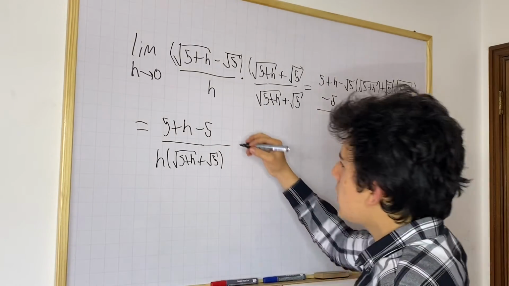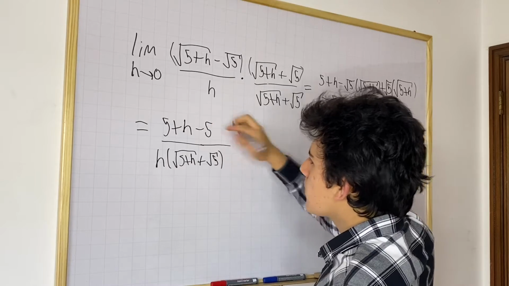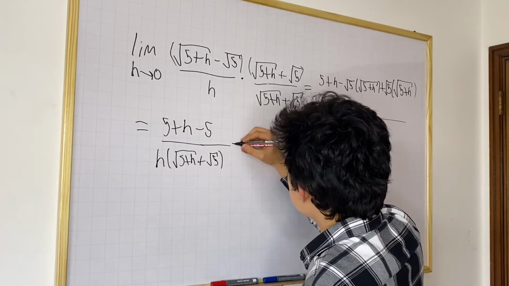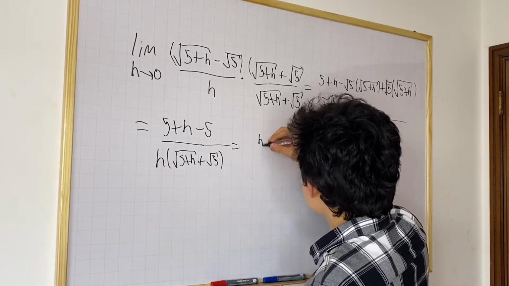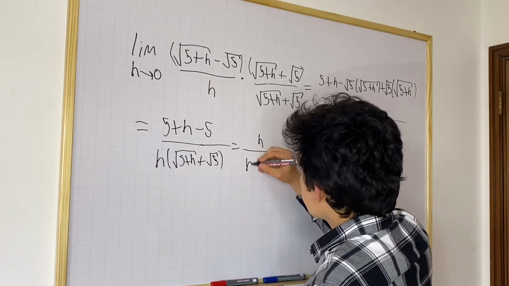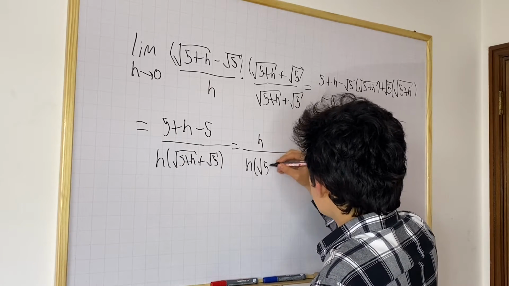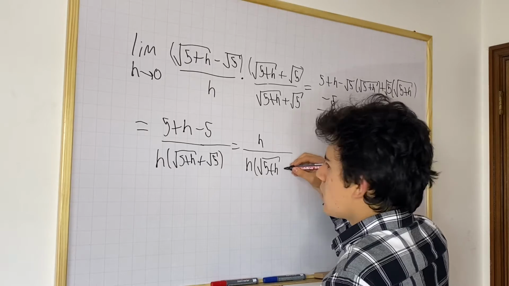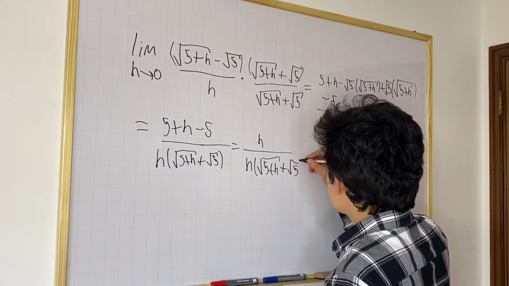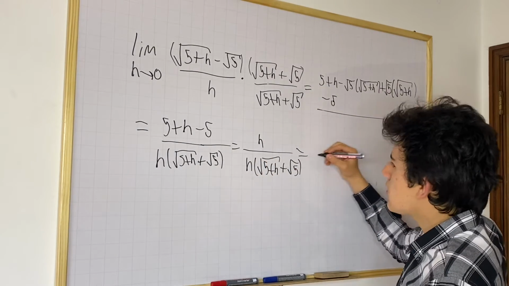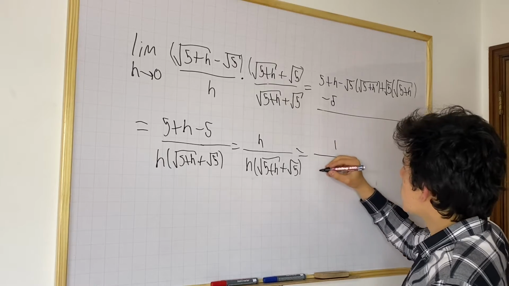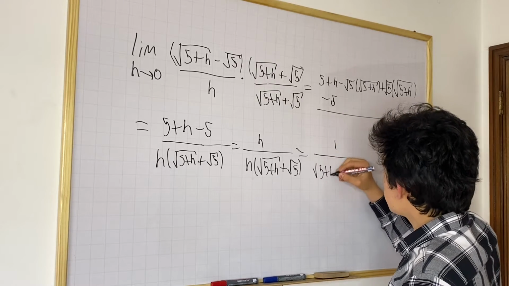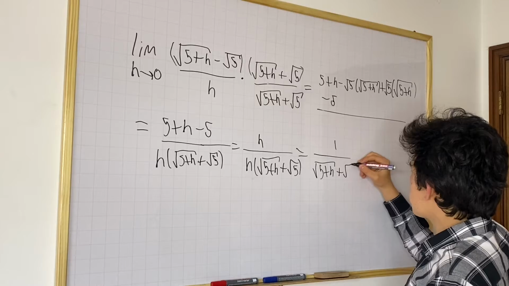We can cancel out the h on the bottom and the h on top. So this would be equal to h divided by h times square root of 5 plus h plus square root of 5. Cool. So the h's both cancel out, and we're gonna get 1 over square root of 5 plus h plus square root of 5.